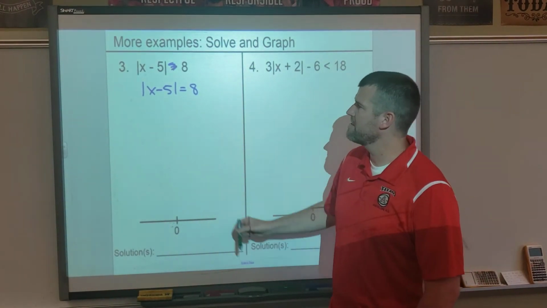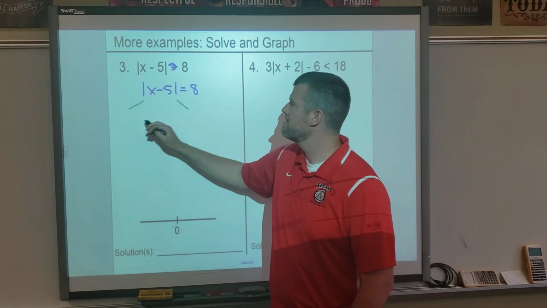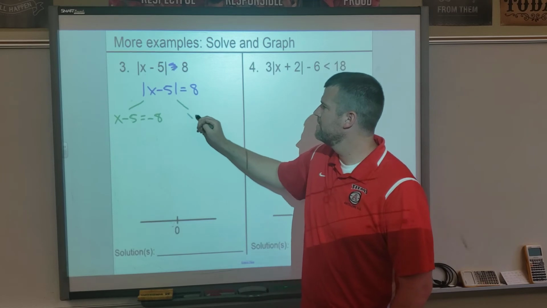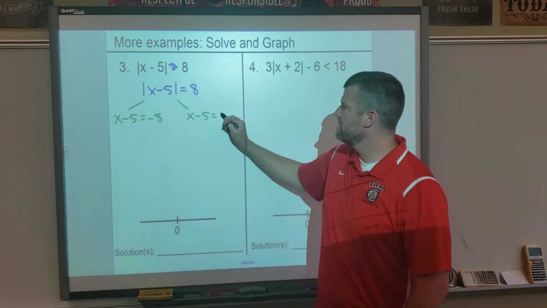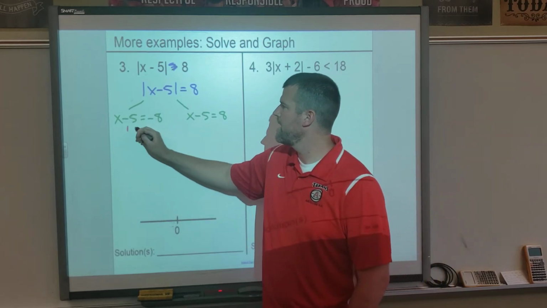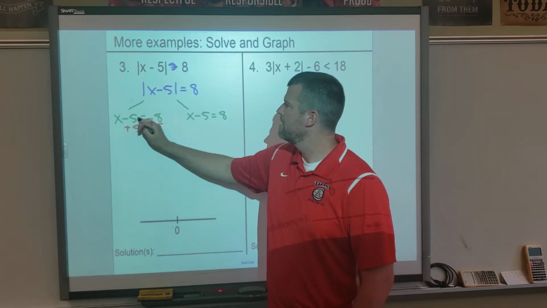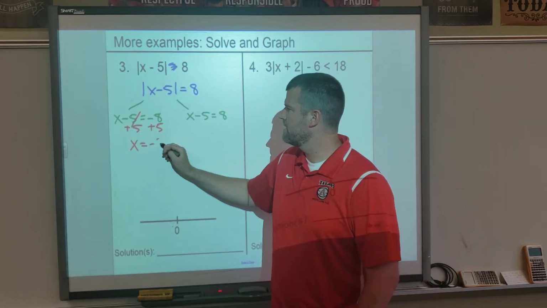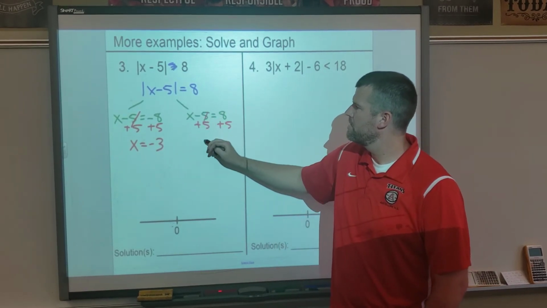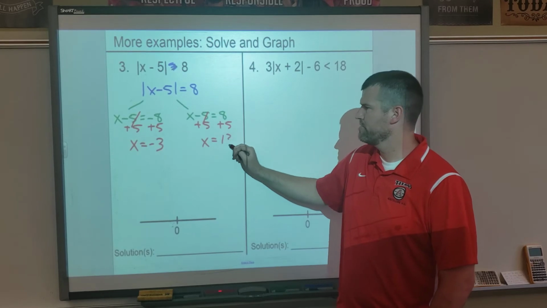Just like we did yesterday, we're going to break it into 2 problems. I get x minus 5 equals -8, and x minus 5 equals +8. We're going to solve, add 5, x equals -3, add 5, x equals 13.